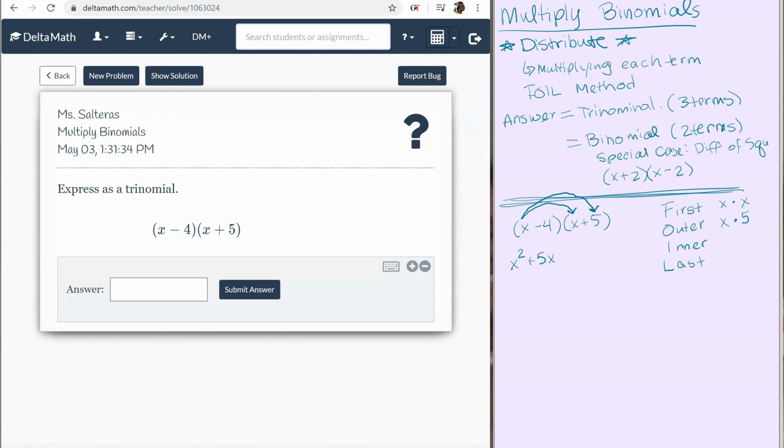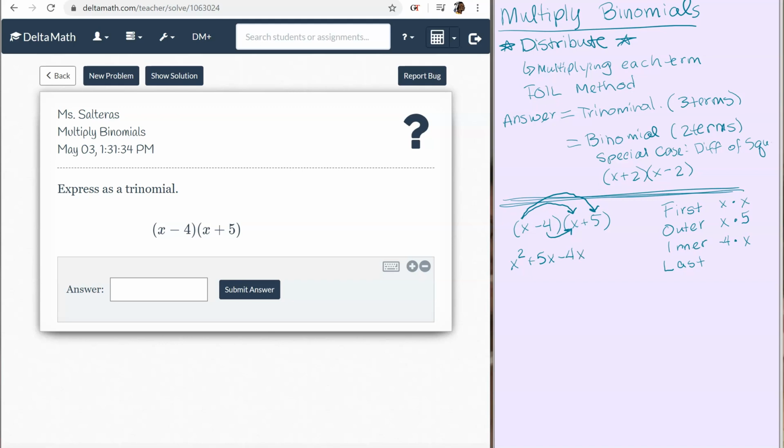The next one says inner. We're going to take the inner term of the first binomial and multiply it by the first term of the second binomial. So we're going to do negative 4 times x. We're just multiplying them together, so we get a negative 4x.